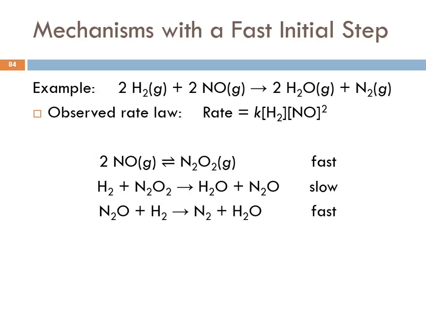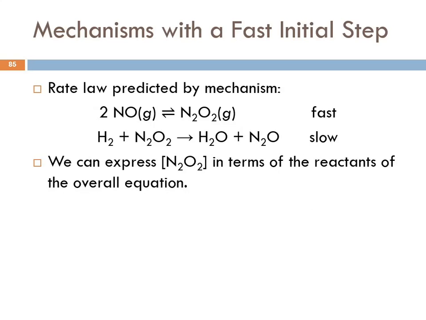And then we've got another fast step at the end. And if you add these together, you do indeed get this overall equation. But the observed rate law has hydrogen and nitrogen monoxide, and this slow step doesn't, right? Let's go to the next slide.